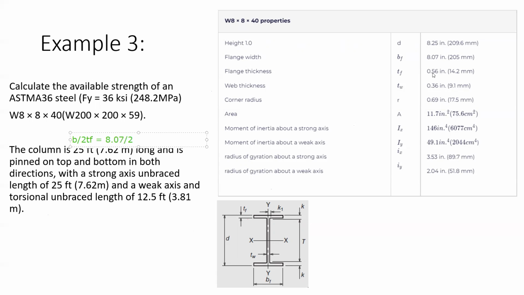TF natin is 2 times 0.56. So this is for the flange. Okay. So, ilan to?